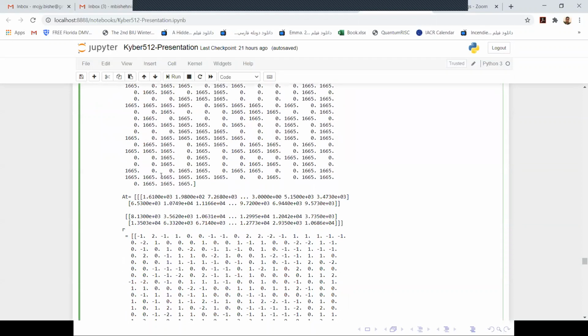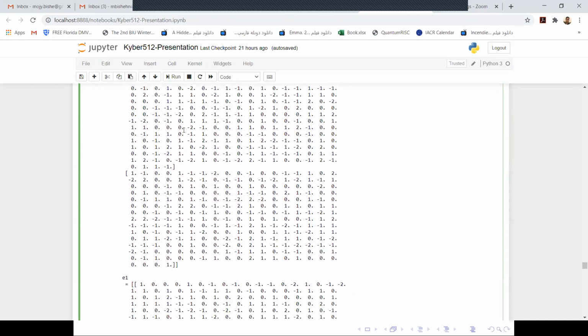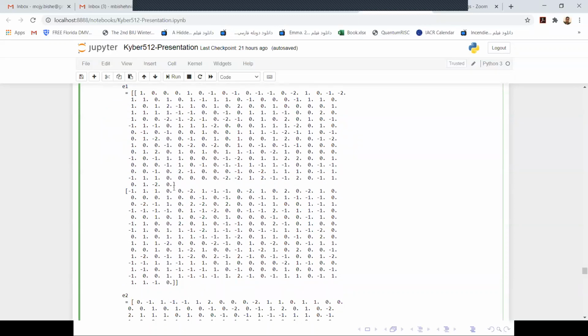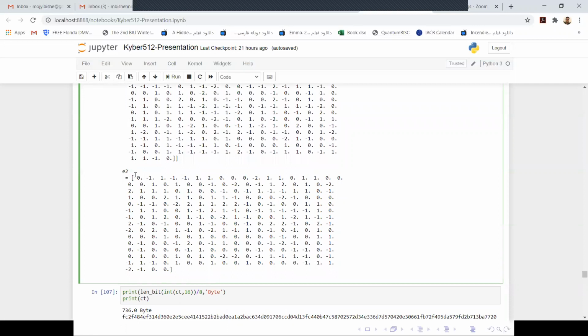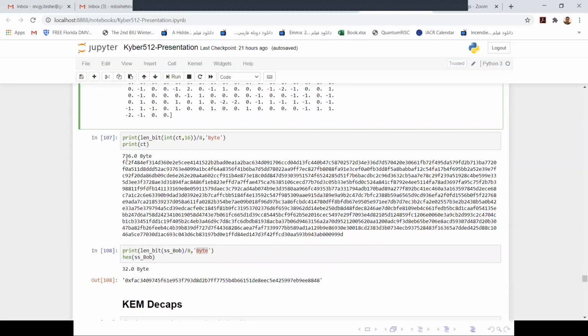And he computes A transpose with the same dimension, 2 by 2 by 256 elements, in the NTT domain, and again the random number R with small coefficients, and two random noises, one of them E1 with two vectors of 256 elements, and the second one with only 256 elements. So he computes the ciphertext with 736 bytes.